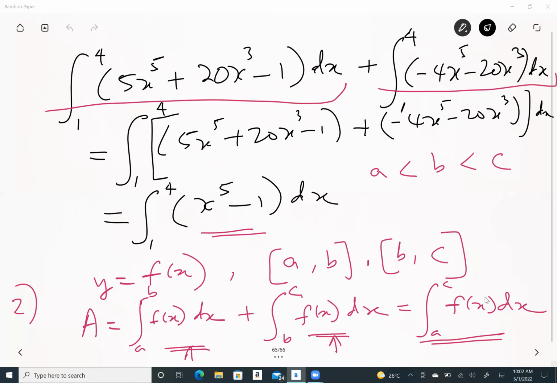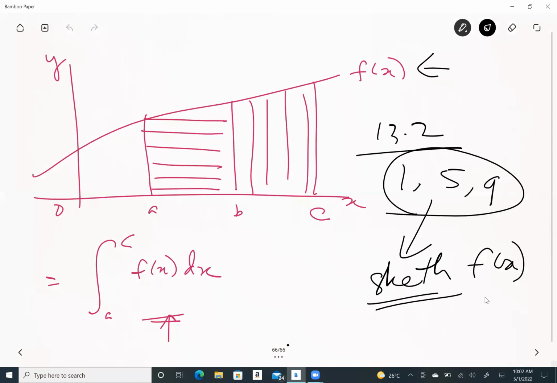We're going to make use of the knowledge that we have already learned in 13.2 to apply to this kind of integration of area that involves more than one function.